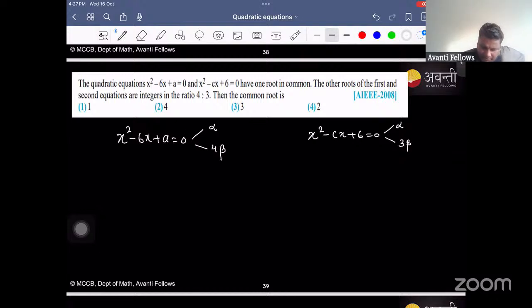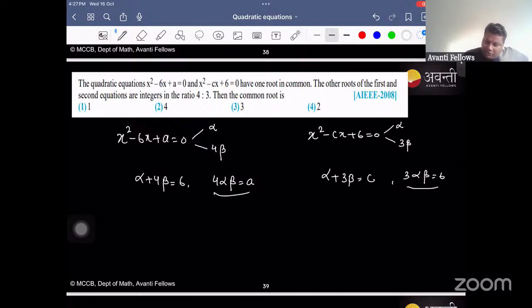Now from this, you get alpha plus 4 beta as 6 and 4 alpha beta is a. From the second, alpha plus 3 beta is c and 3 alpha beta is 6. If I divide these two, I get 4 by 3 is a by 6. From this, you got a as 8.